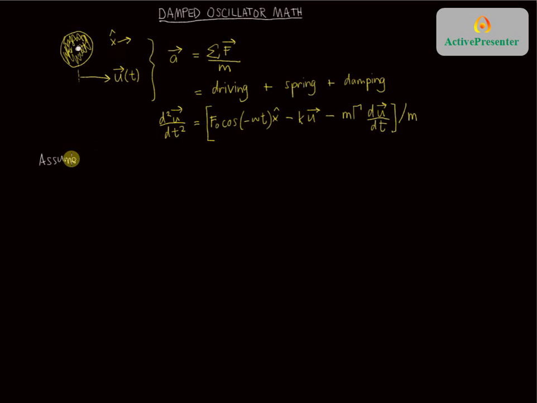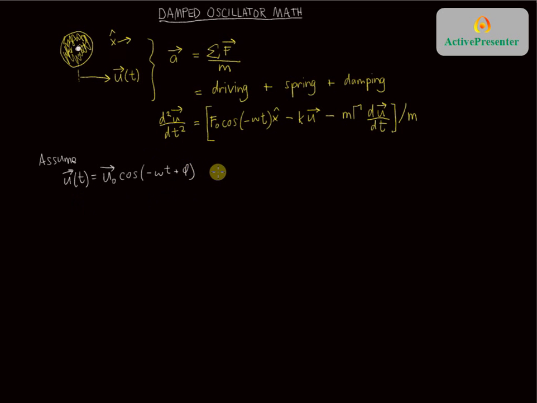And what that's really saying is that we're assuming that u of t is equal to some maximum displacement u naught, also a vector, and then a cosine oscillation dependence, which we'll write as minus omega t. And we don't know that it will oscillate in phase with the driving force, so we allow for that with a phi.